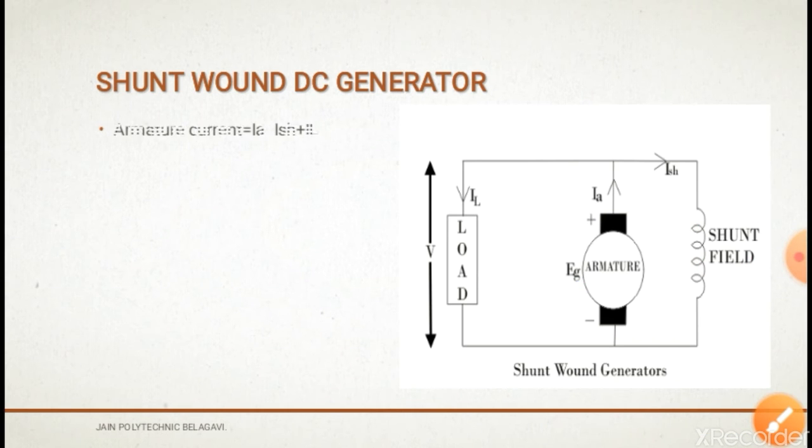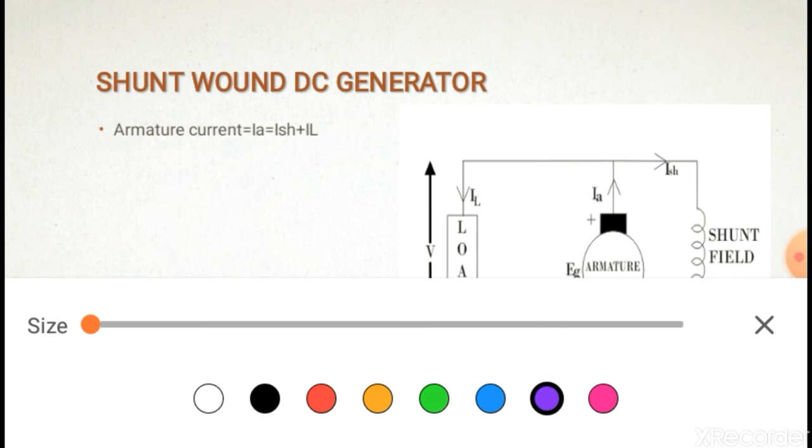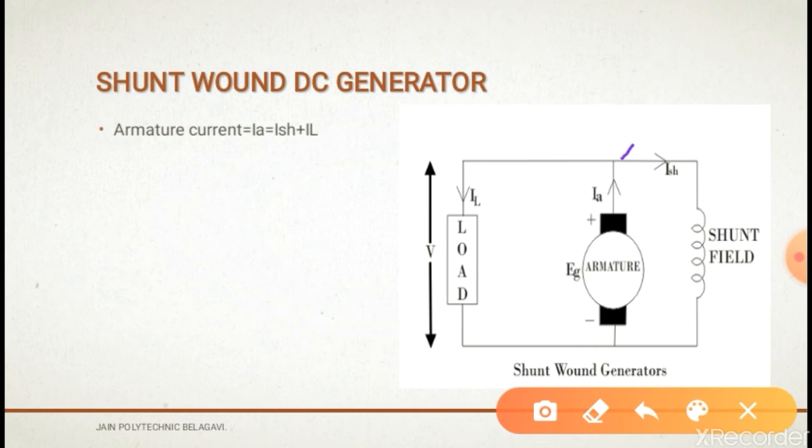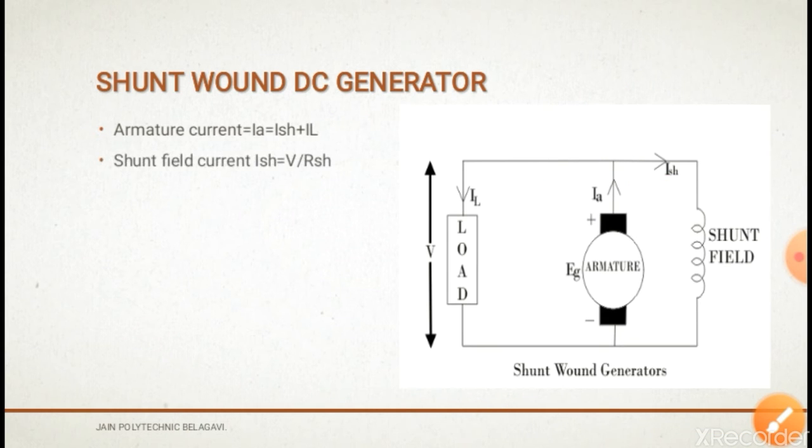So the armature current Ia is given as IL plus Ish. At this point you can apply KCL and we will get the armature current as Ish plus IL. The next one is the shunt field current.